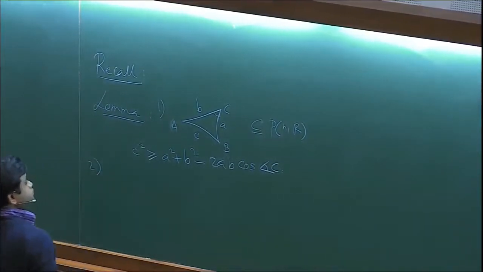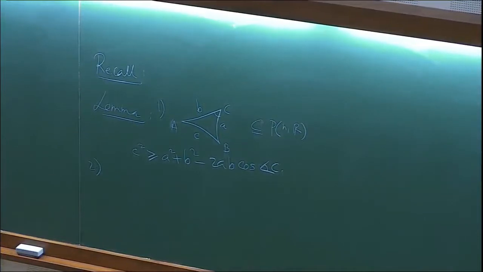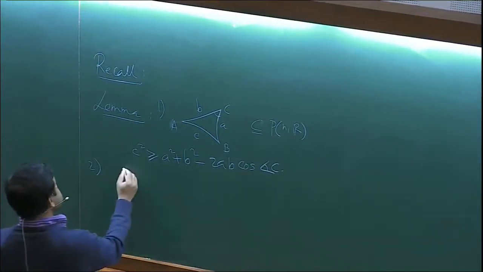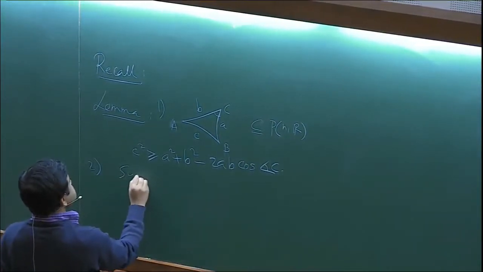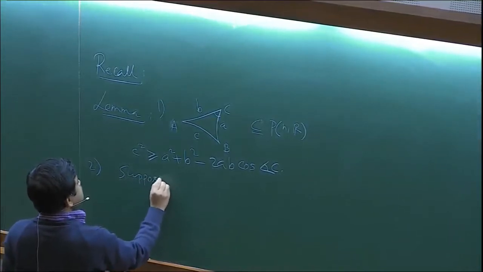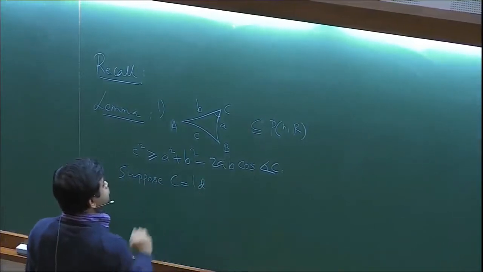And the second part of this was about when equality holds. Suppose that this point C is the identity.